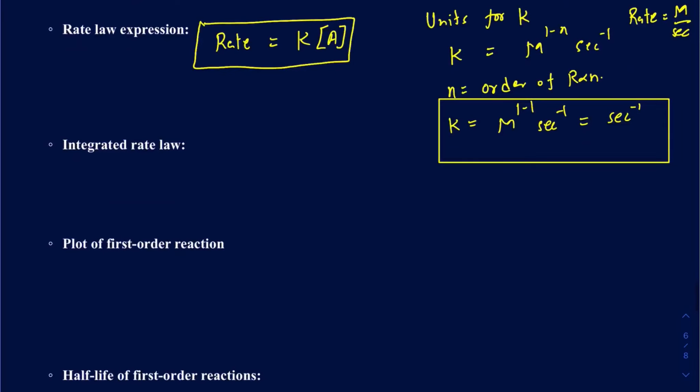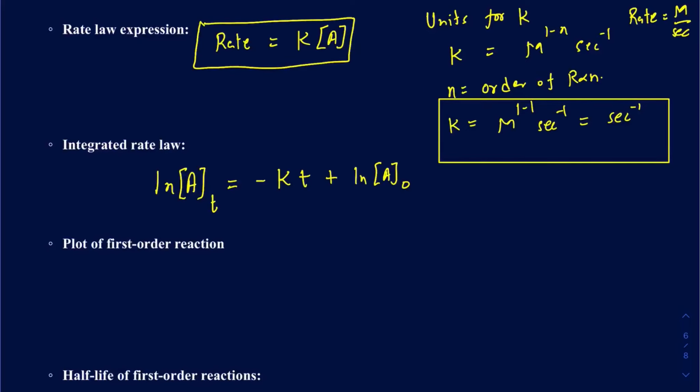What's more important is going to be your integrated rate law. So I'm not really going to write down how you derive that, but rather I'm just going to write down what it looks like because that's what's going to be more important. The integrated rate law looks like natural log of A at a particular time t is going to be equal to negative kt plus natural log of A at 0 time.